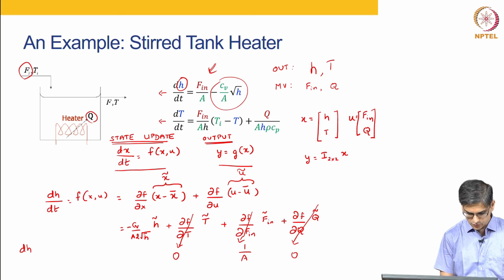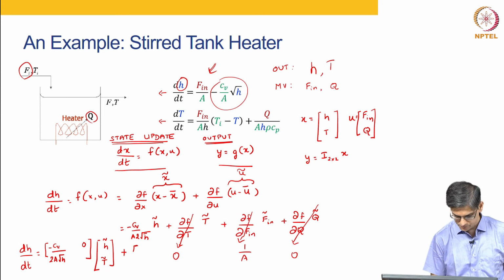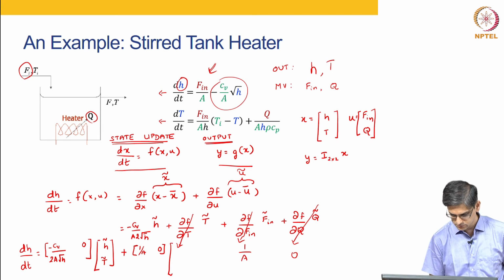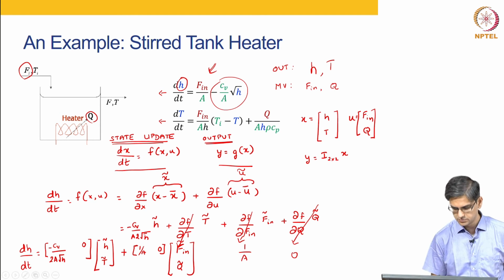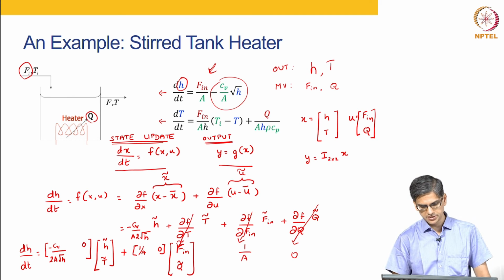So we will have dH tilde/dt equal to minus Cv by 2A root H0 multiplied by H tilde, plus 1 by A times Fn tilde, plus 0 times Q tilde, right.